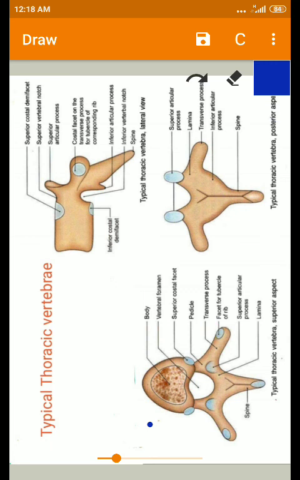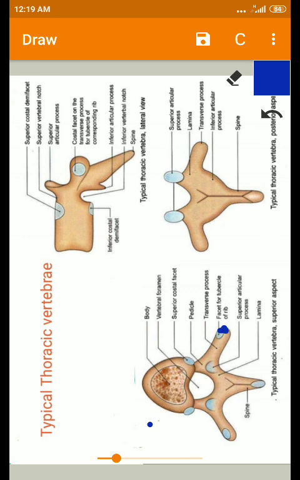The ligaments supporting this joint are called costo-transverse ligaments, and they are of various types: lateral costo-transverse, superior costo-transverse, and posterior costo-transverse. The lateral costo-transverse ligament attaches to the tip, and the superior costo-transverse ligament to the lower borders.